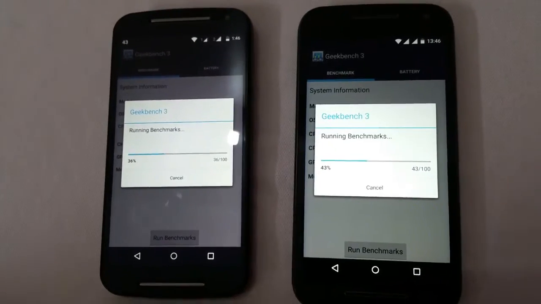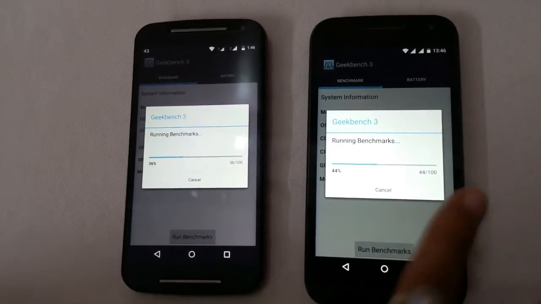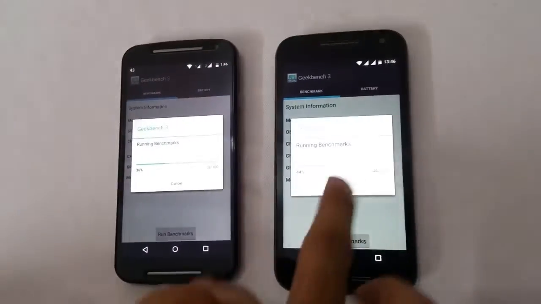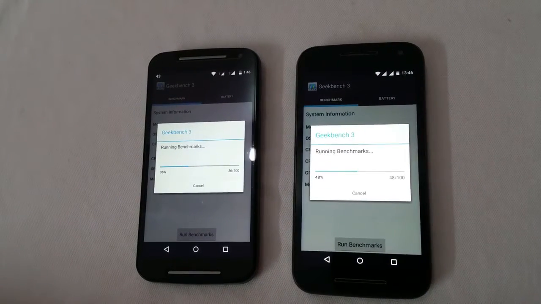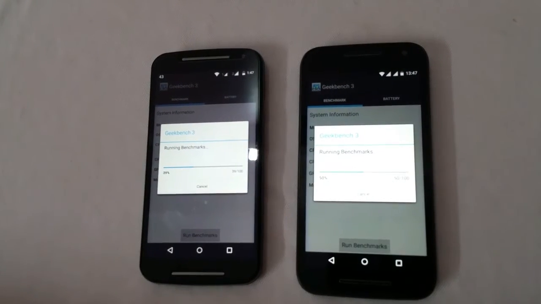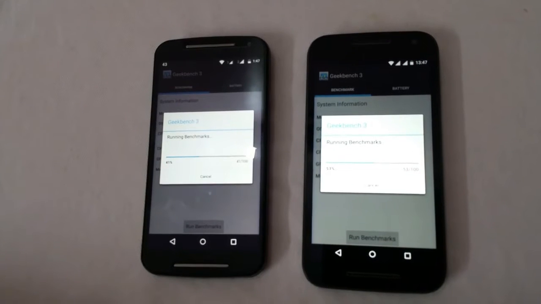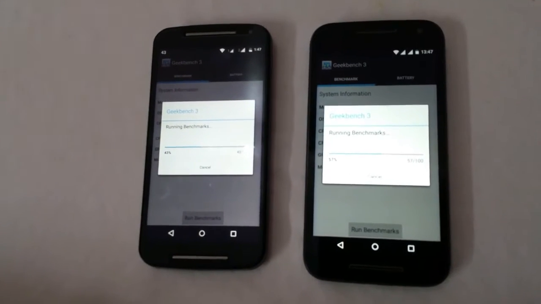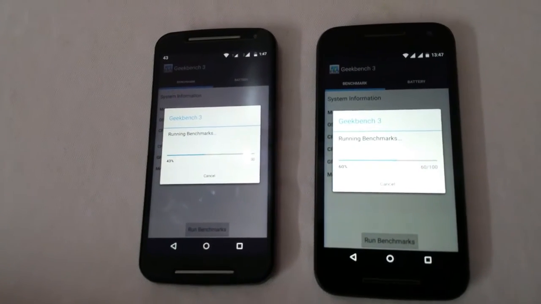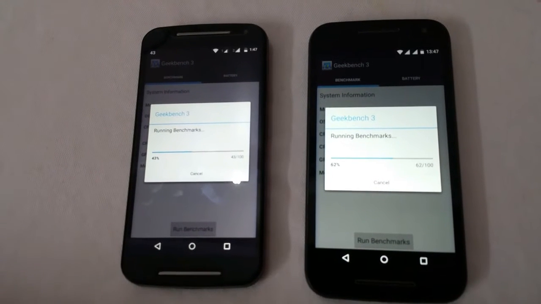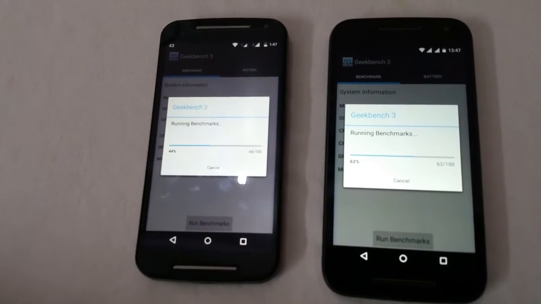Let's see what happens. It's almost 43%. I think the Moto G third generation really has a good processor in it, and that's the reason it's going fast. It was going fast in the N22 benchmark as well, and again in Geekbench 3.